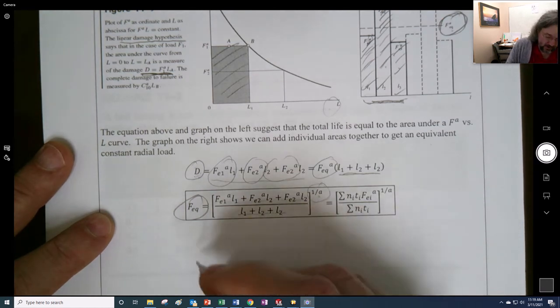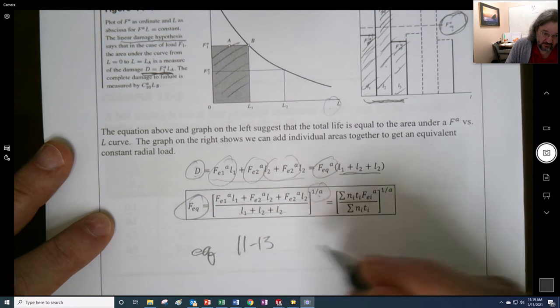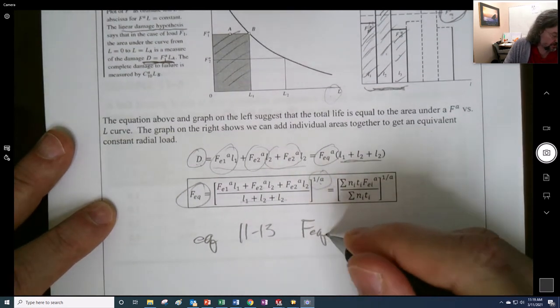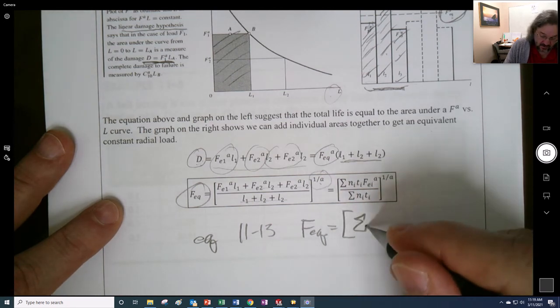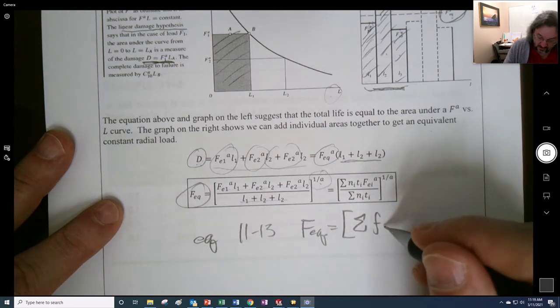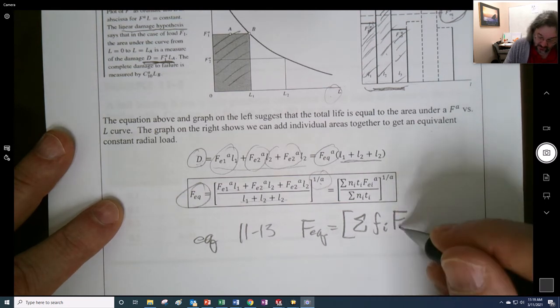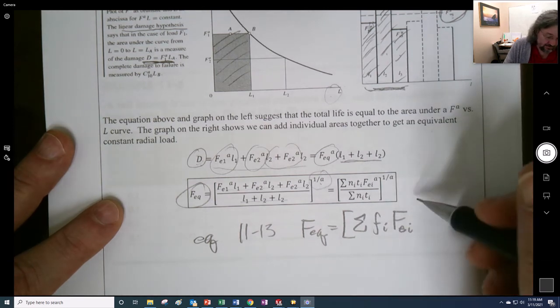So another way that we can write this is equation 1113, which is written this way right here. We have the sum of all these little f_i times e_i to the a.